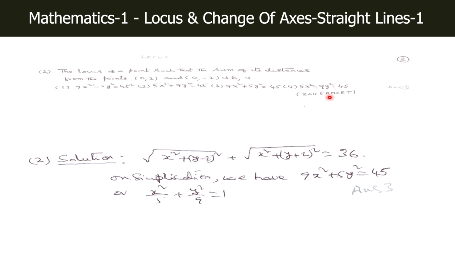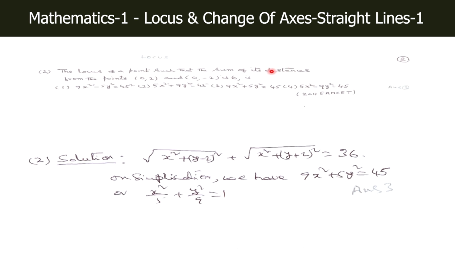This is EAPCET 2011. The solution is square root of x square plus (y minus 2) whole square plus square root of x square plus (y plus 2) whole square is equal to 6. On simplification, we have 9x square plus 5y square is equal to 45, that is x square by 5 plus y square by 9 is equal to 1.